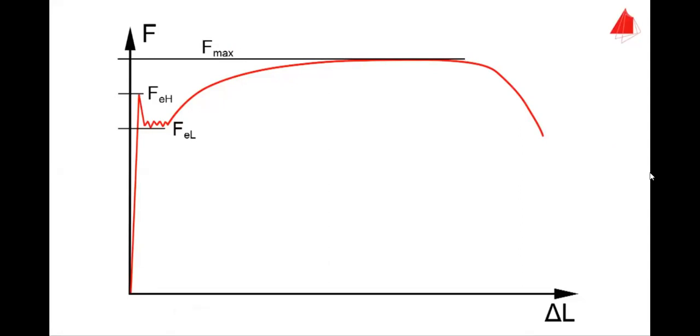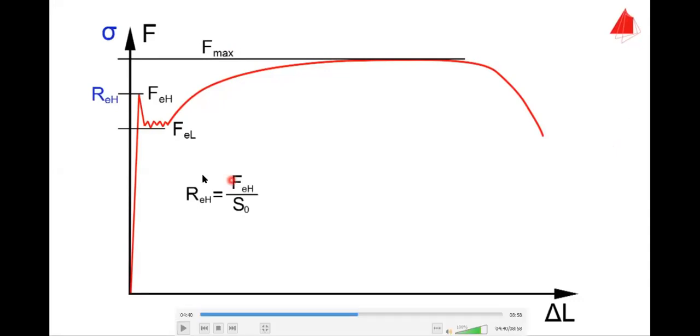The strength properties of materials can be calculated. The upper yield strength REH is calculated by dividing the force FEH by the original cross-sectional area S0. So upper yield strength is equal to upper yield point divided by original cross-sectional area.